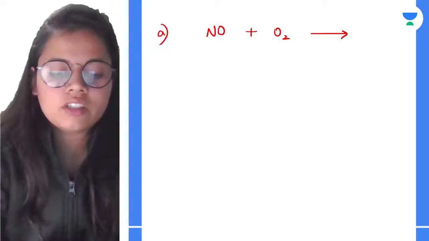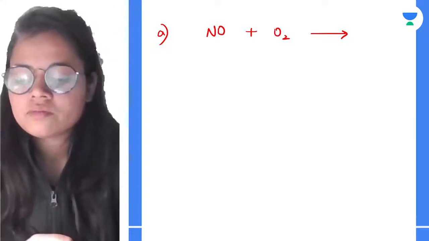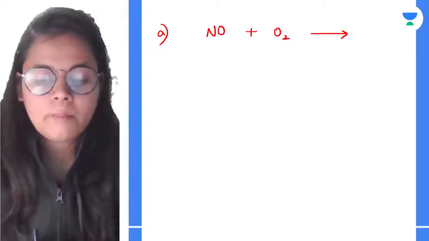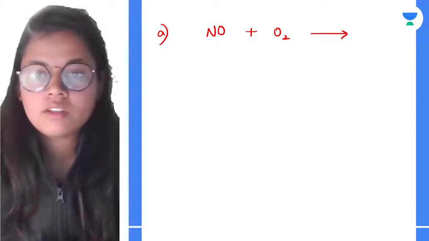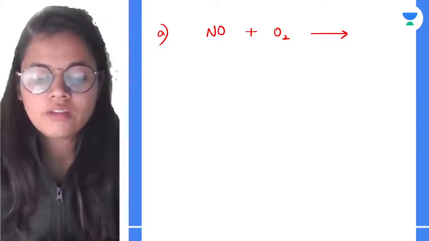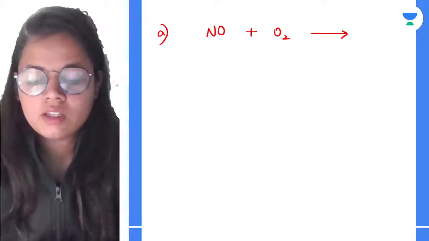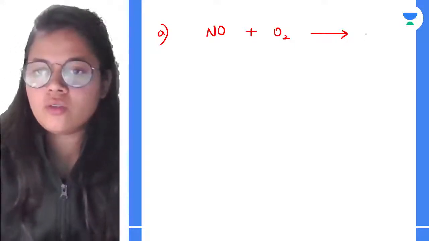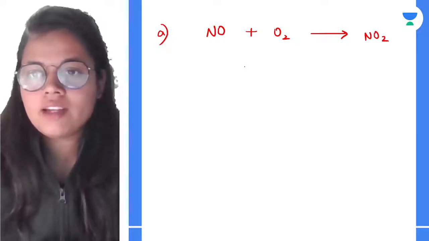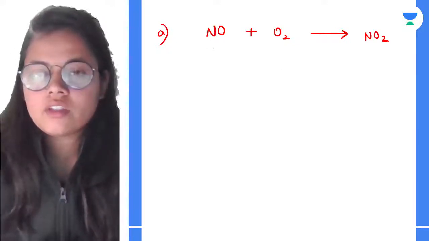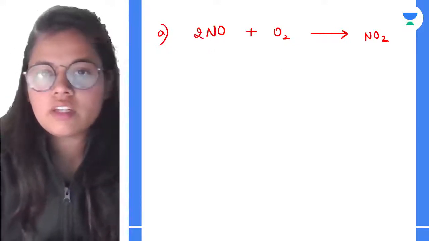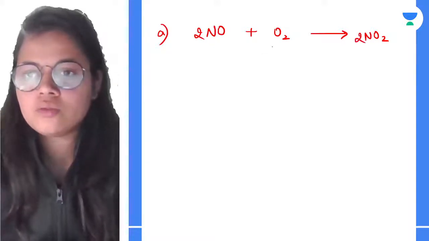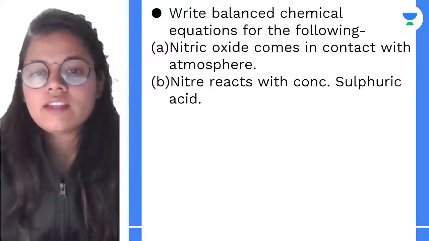That's a very easy question. Correct, NO2. Now talking about balancing the equation, here we can write 2 and again here 2. So that is balanced.